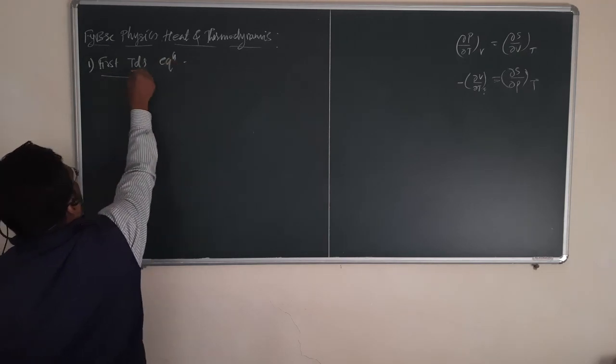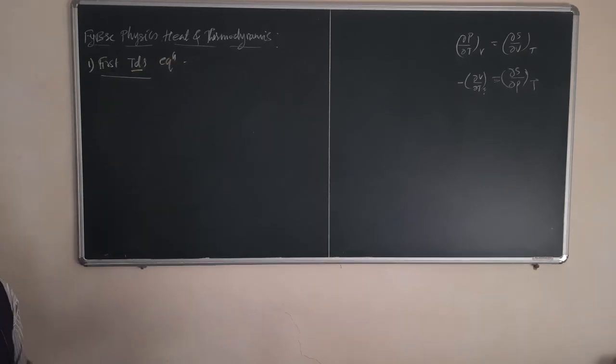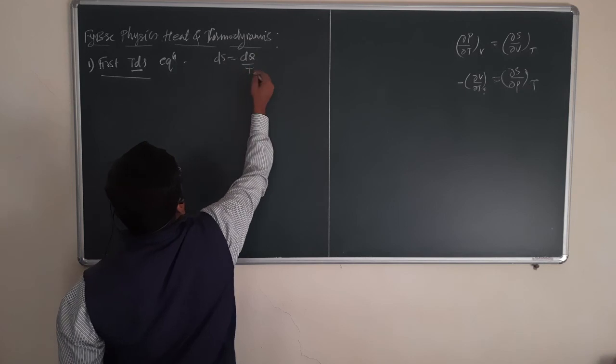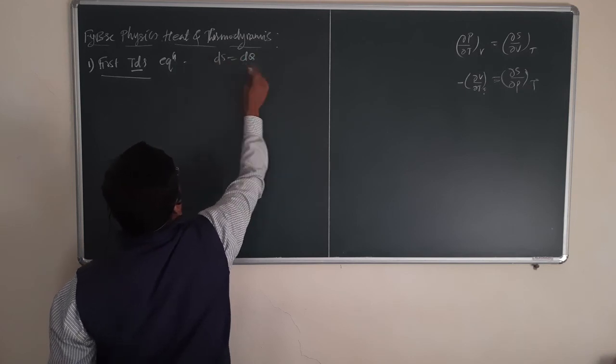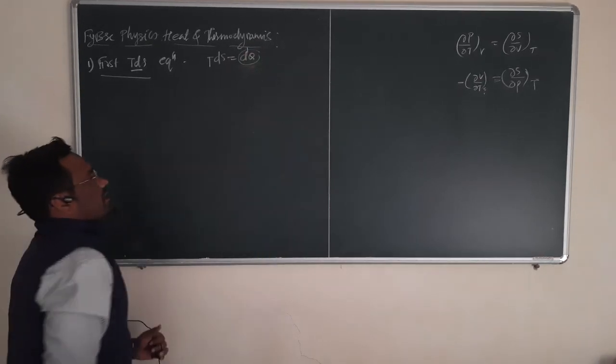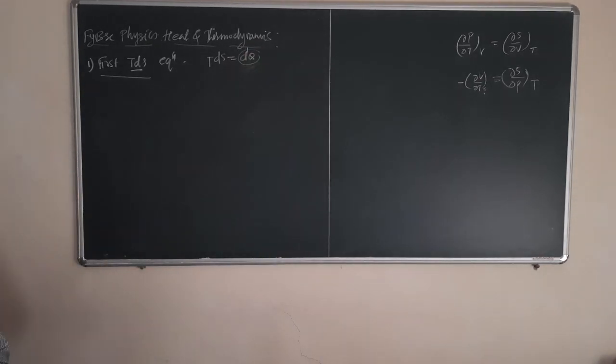TDS means the product of temperature and change in entropy. So we know that change in entropy ds is dq upon T. If you take this T on the left hand side, that is TdS. So dq is the amount of heat energy absorbed or rejected during a thermodynamic process. So the TdS equations are nothing but the condition under which heat energy is absorbed or rejected in terms of entropy. So that is the TdS equation.